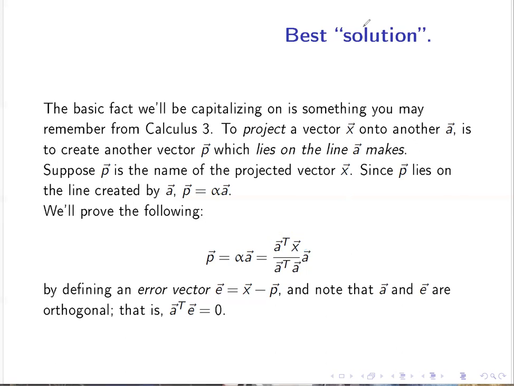So we're going to find a vector E, that's our error between X and P. And A and E are both orthogonal to each other.